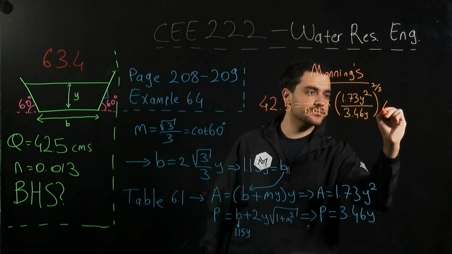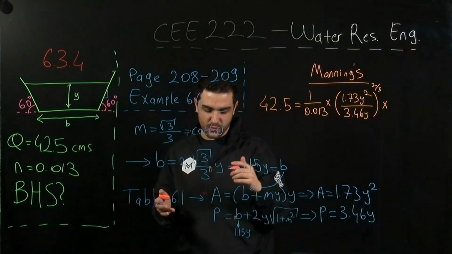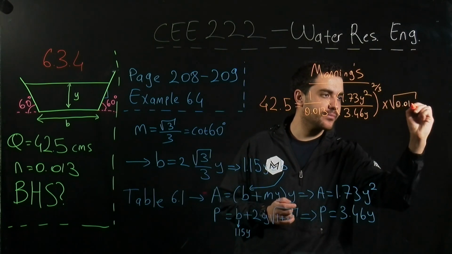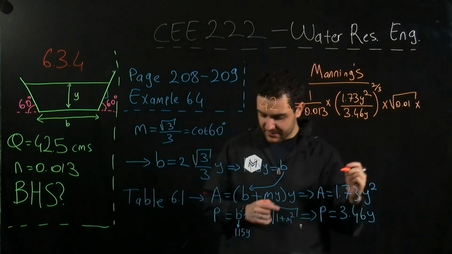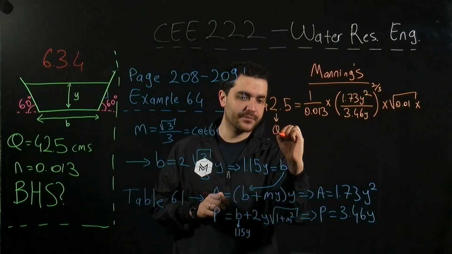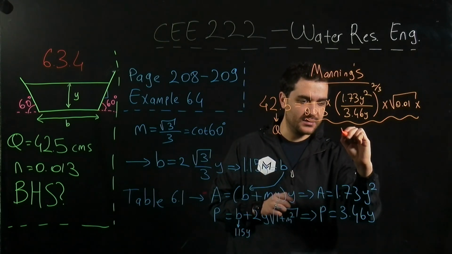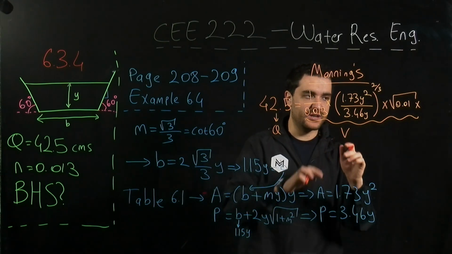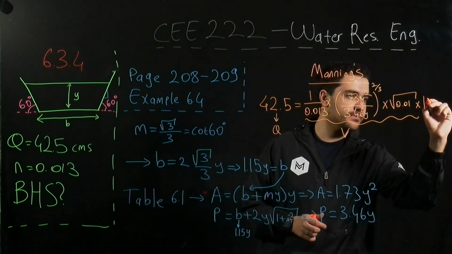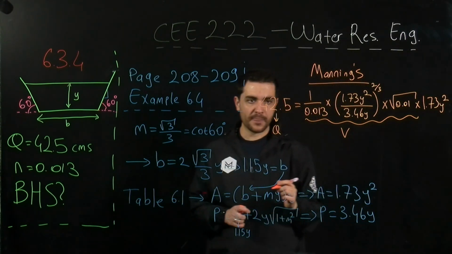After that, we are assuming that the slope is 0.01. And finally, we will have area, because this is Q. Until here, this is the velocity part. And then we will have area, which is 1.73y².